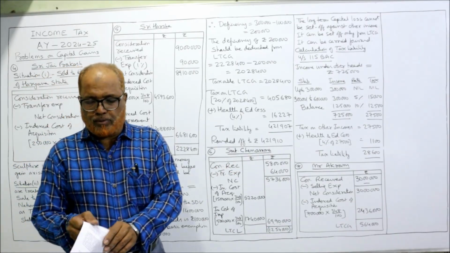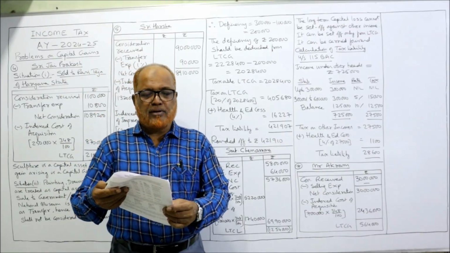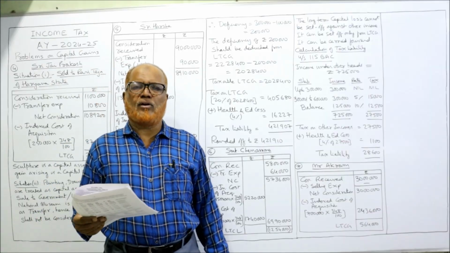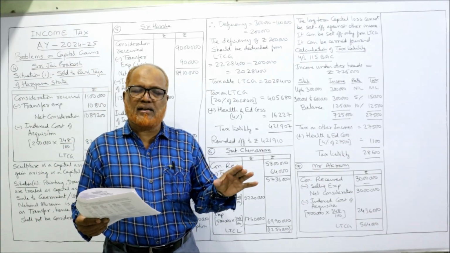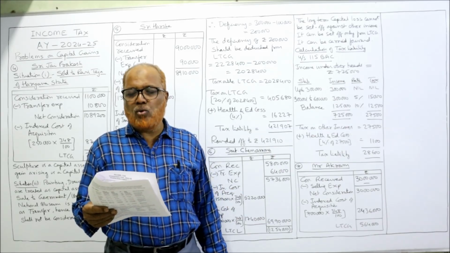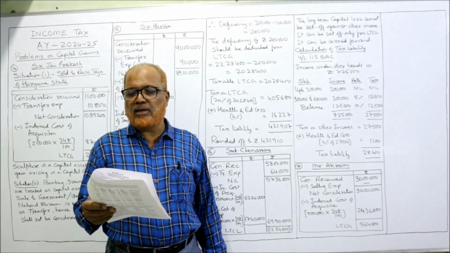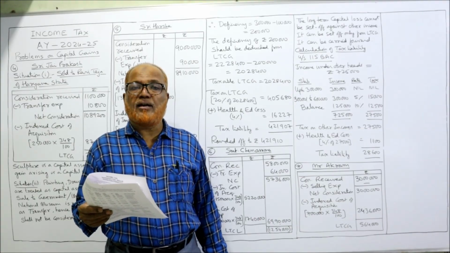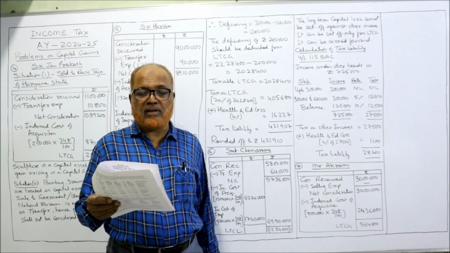Now, the seventh problem. See problem number 7. Mr. Akram, age 82 years. According to the new tax regime, we are not concerned about the age. Purchased gold ornaments on 10th March 1998 for rupees 7 lakh. 10th March 1998 is before 1/4/2001.